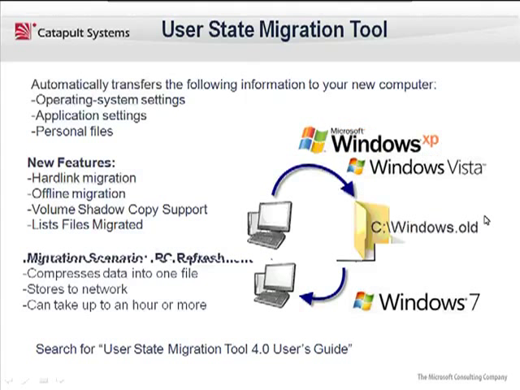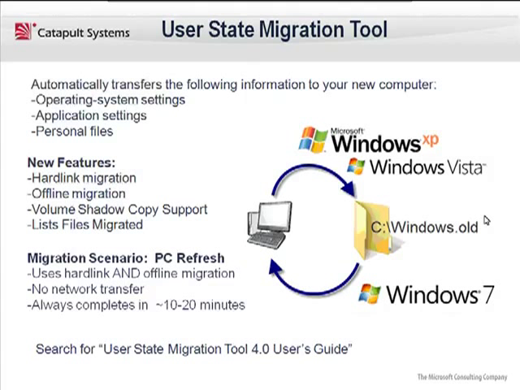But in the case that you are refreshing the same PC, say if you're upgrading a Windows XP or a Windows Vista computer to Windows 7, then you can use a new feature, or actually two new features, in the user state migration tool that will allow you to accomplish a migration in very little time.